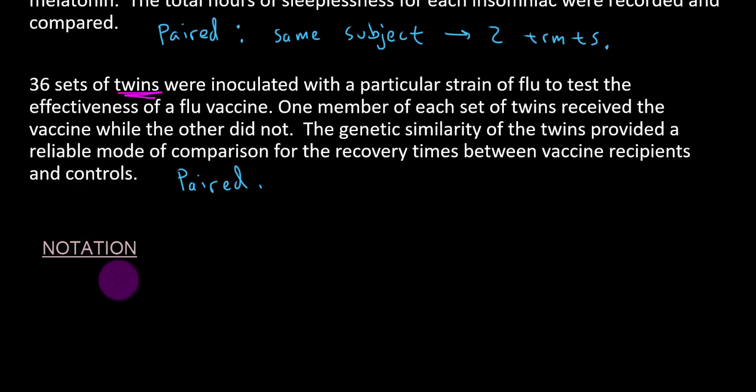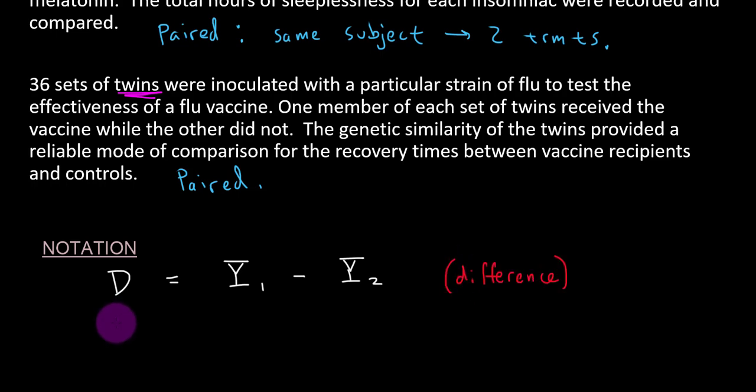We're going to talk about differences a lot, so that's going to be represented with the letter D for difference. And that difference we did in the previous video. It's y1 minus y2. That's D for difference. But we often look at the mean of the difference.